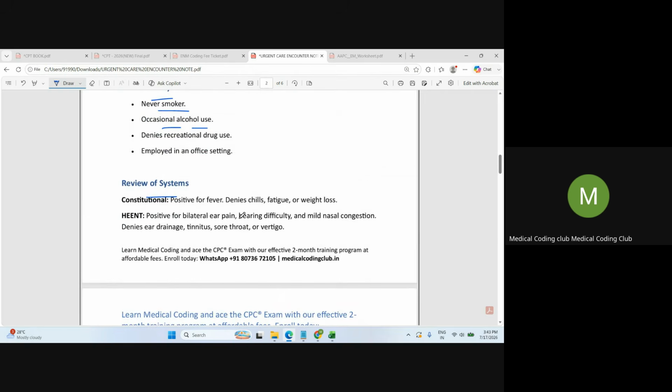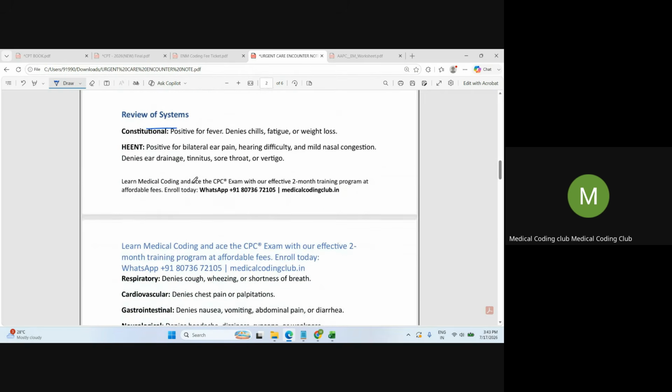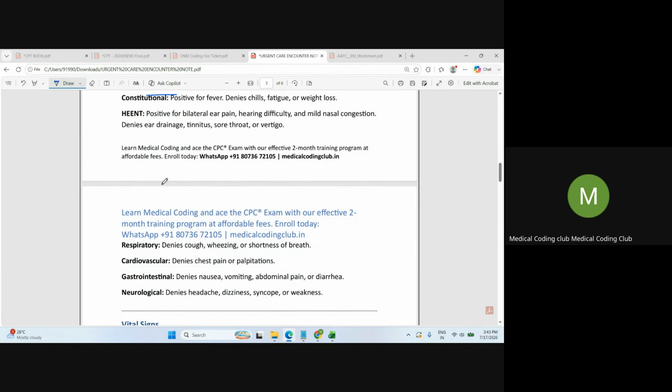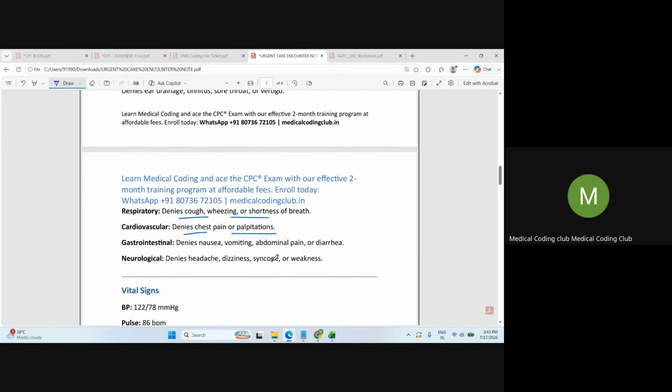Review of systems, ROS. Under ROS, you can see all the systems, and whether the patient reports or denies, they'll specify. You can pause and read the information about all the systems.